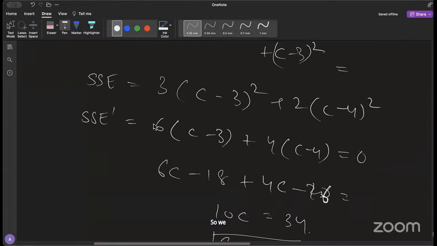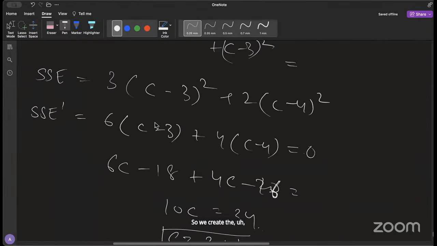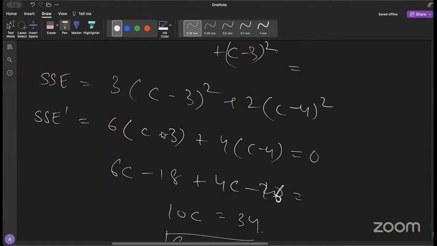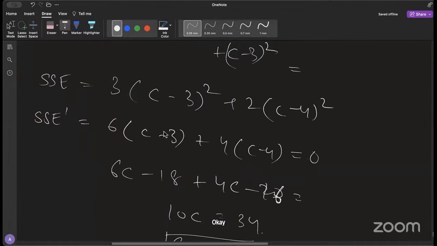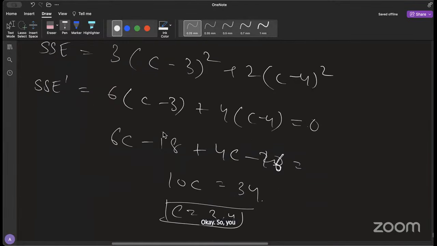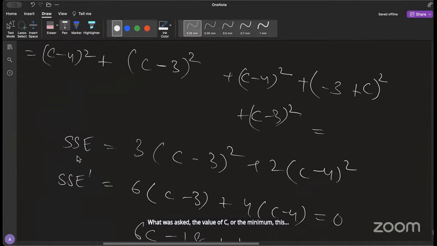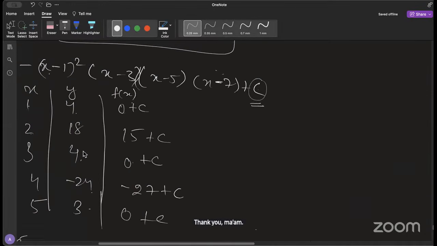So we equate the SSE equal to 0 and simplify, then we can get the same answer, right? Yeah, you can do that too. That's fine. Okay. Thank you, ma'am. So you had to find the value of C, or the minimum value. Okay.